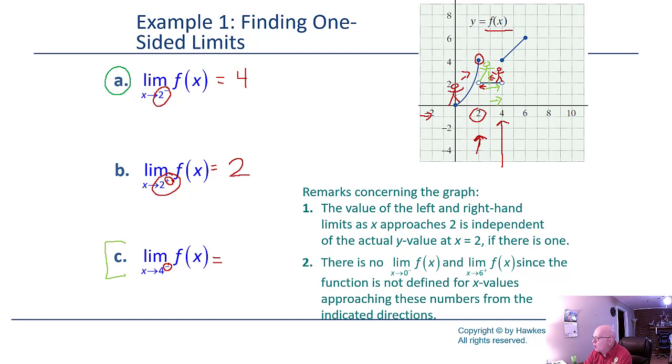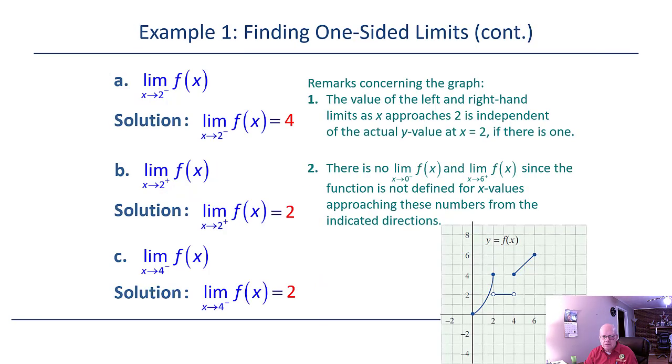But everywhere along there, what is the y equal to? It's always a 2. So the limit as I approach 4 from the left-hand side is a 2. That's the only thing it is as I approach 4.